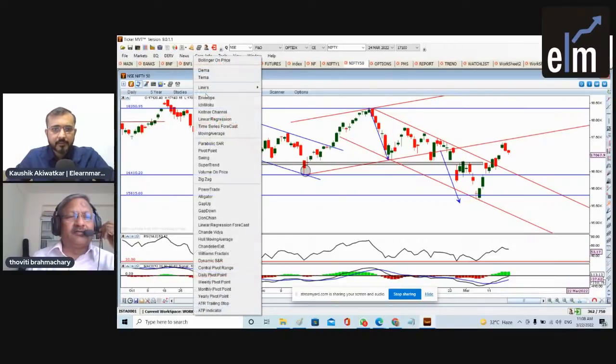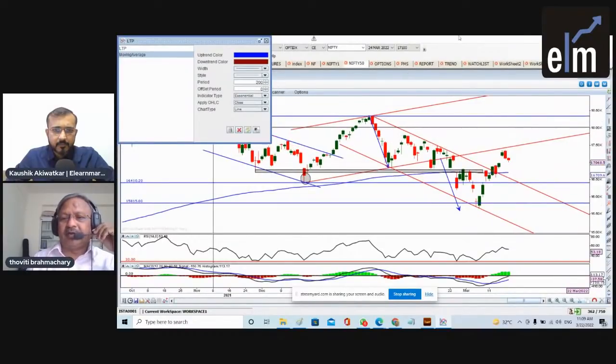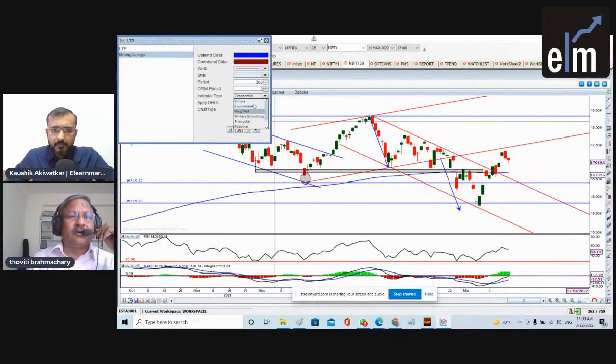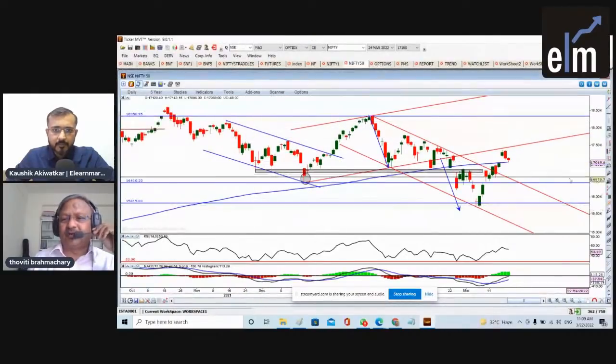Earlier the 200 DMA used to be a trend indicator, right? Now the 200 DMA has exactly taken support here.